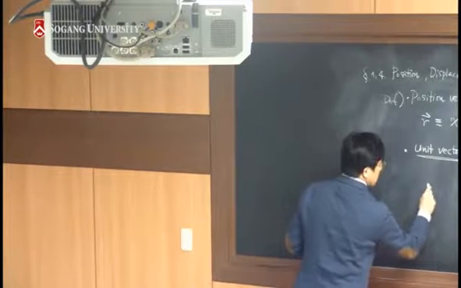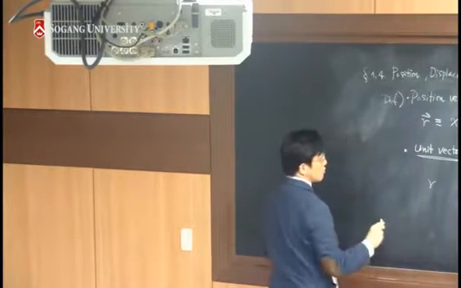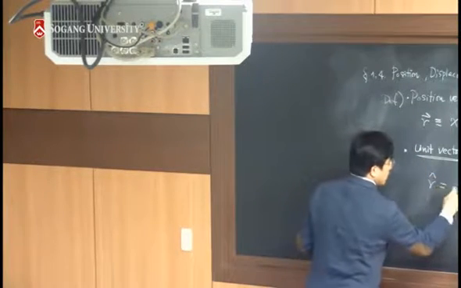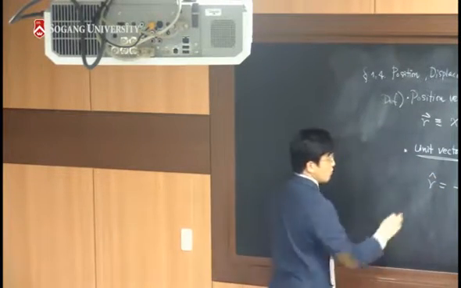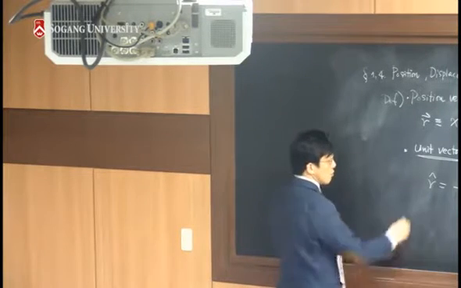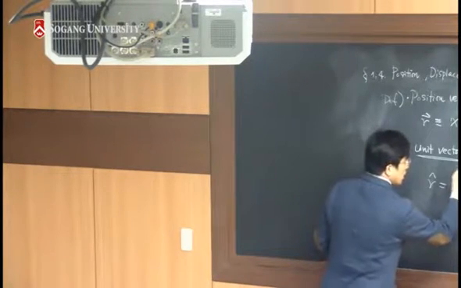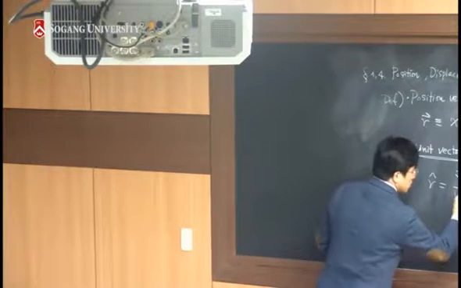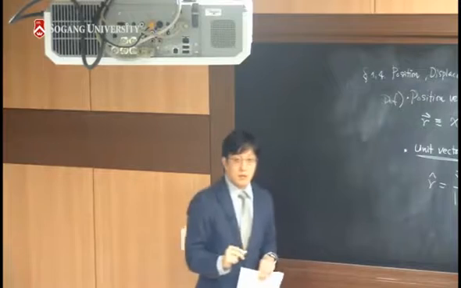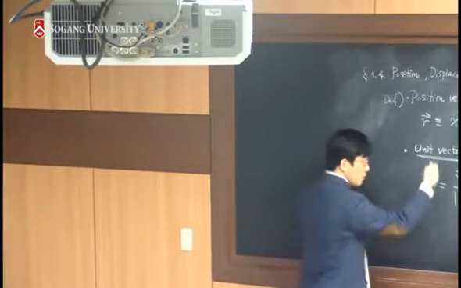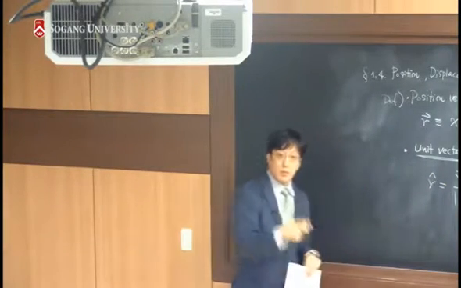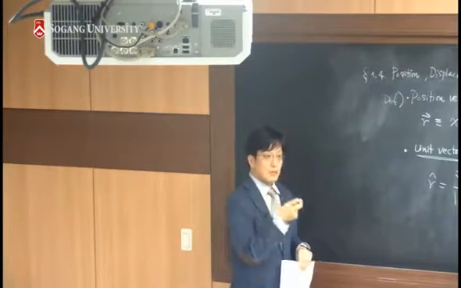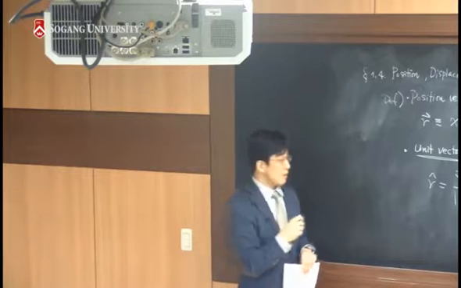And let's say in that way, the description is given like this. So the unit vector of that position vector will be written like this, and will be the same as dividing the position vector by the magnitude of the position vector, such that the magnitude of this will be 1, while this unit vector will denote the direction of the position vector. Okay?